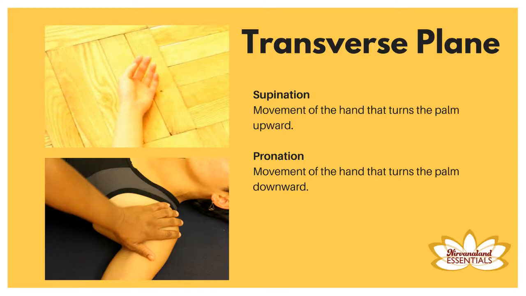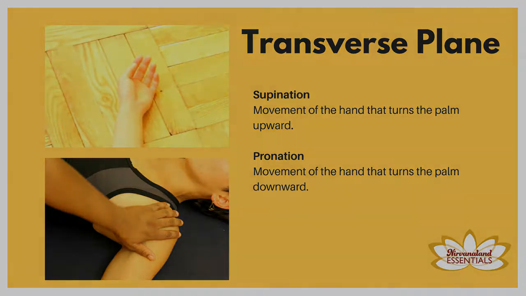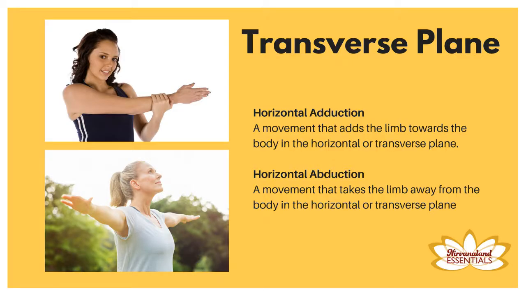Supination is a movement of the hand that turns the palm upwards. Pronation is the opposite of that. It's a movement of the hand that turns the palm downwards. Horizontal adduction is a movement that adds the limb towards the midline of the body in the horizontal or transverse plane. Horizontal abduction, as you can see, is the opposite of that.